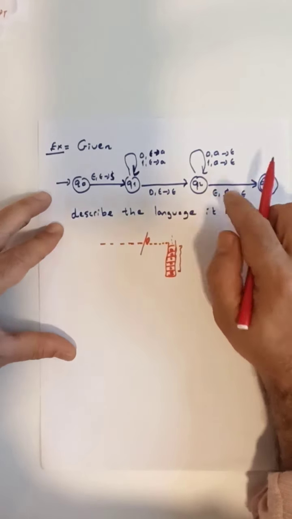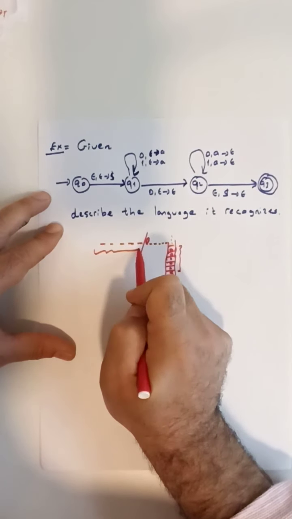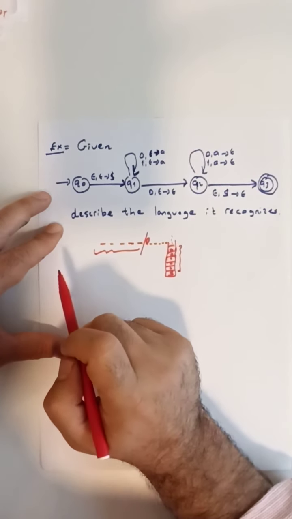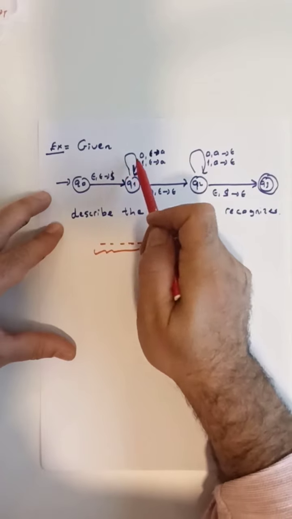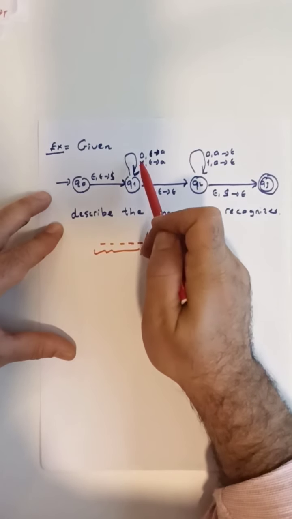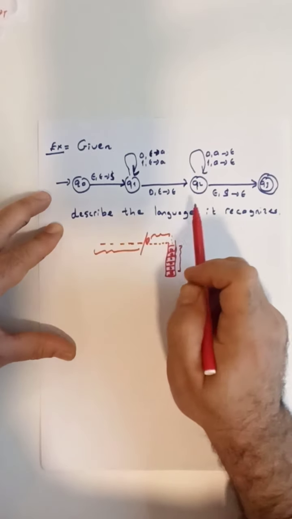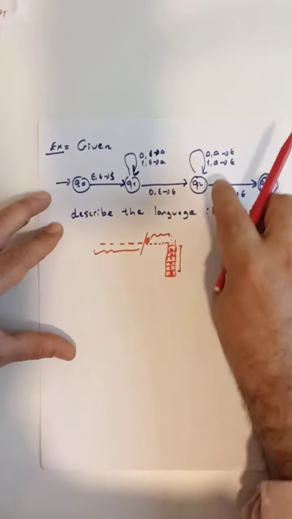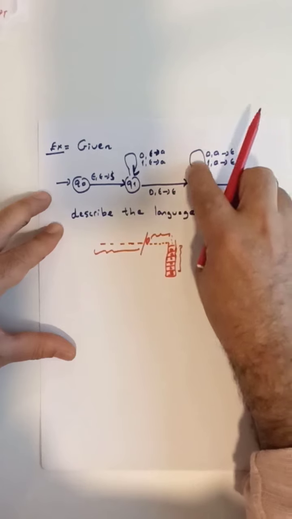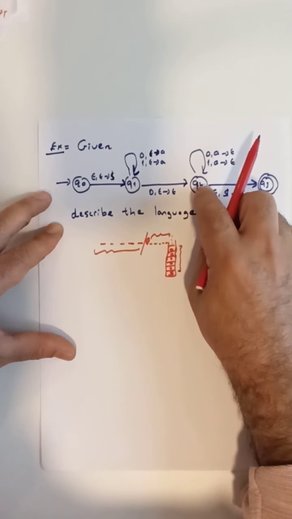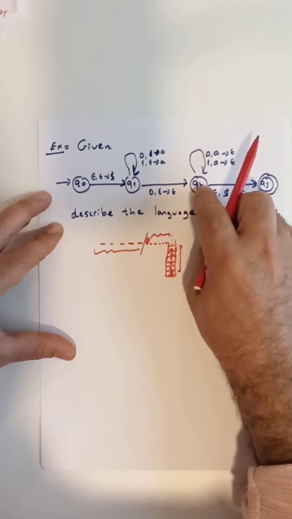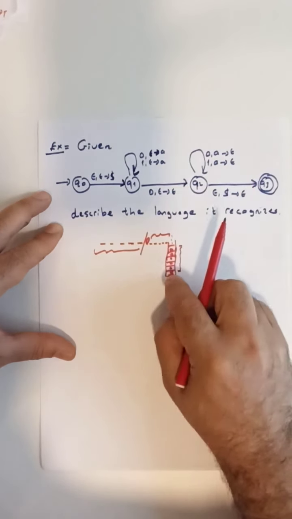This implies that however many symbols are processed through the looping transition at Q1, their number should be the same as the number of symbols processed through the looping transitions at Q2, so that we have an empty stack that only consists of dollar.